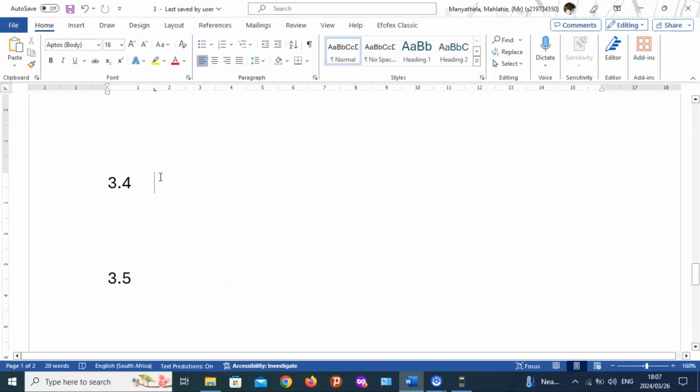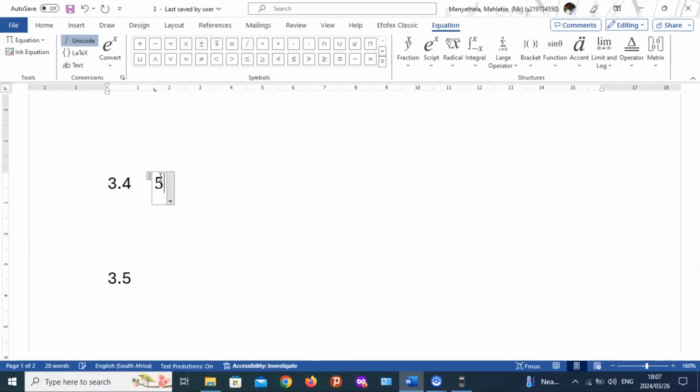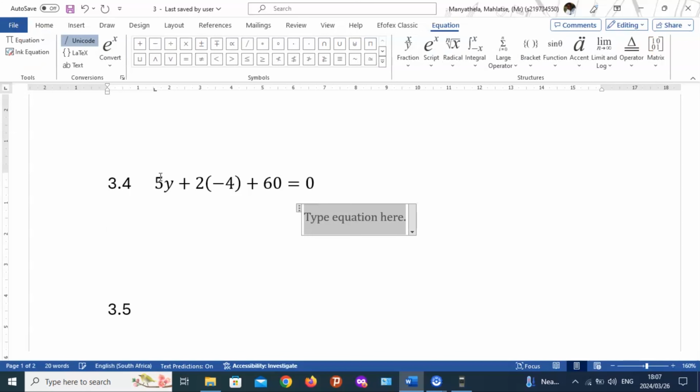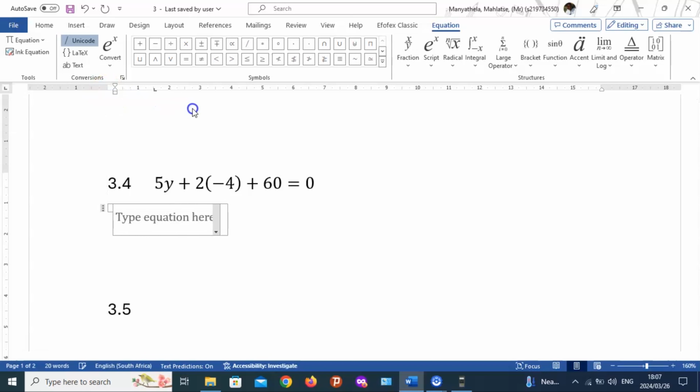So our equation will be 5y + 2x, remember x equals -4, + 60 = 0, which will give us 5y - 8 + 60 = 0. 2 times -4 gives -8.